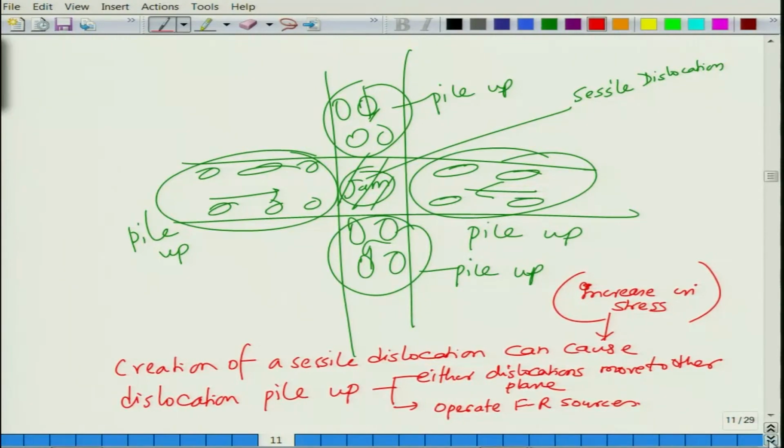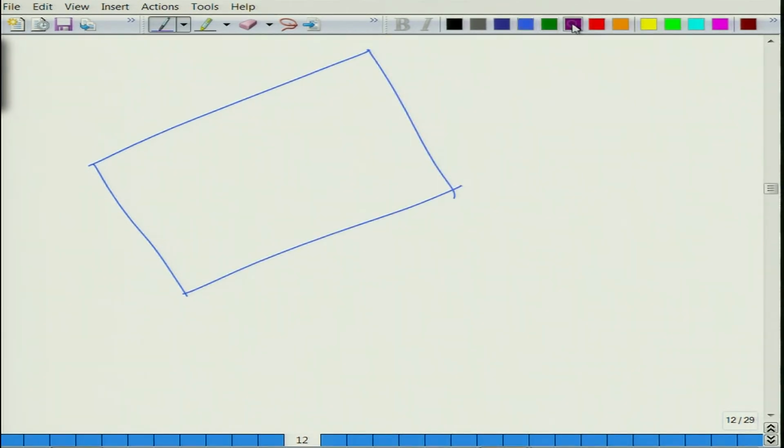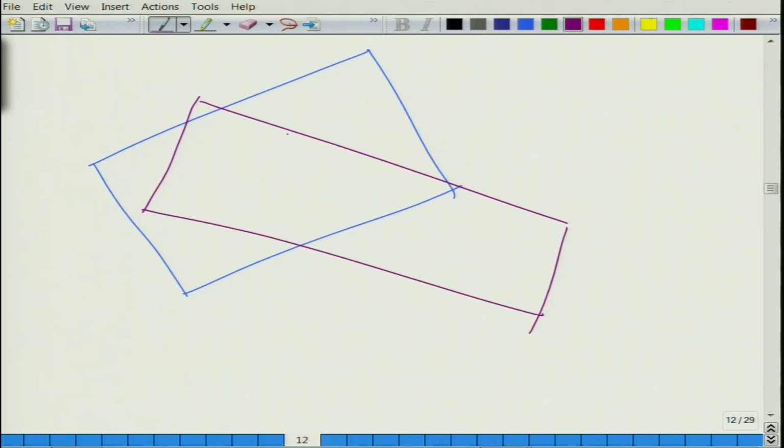So, just to simplify this point, if you have one plane like this and you have another plane like this, let us say the intersection has, let us say this is the intersection, okay. So, this is the intersection.